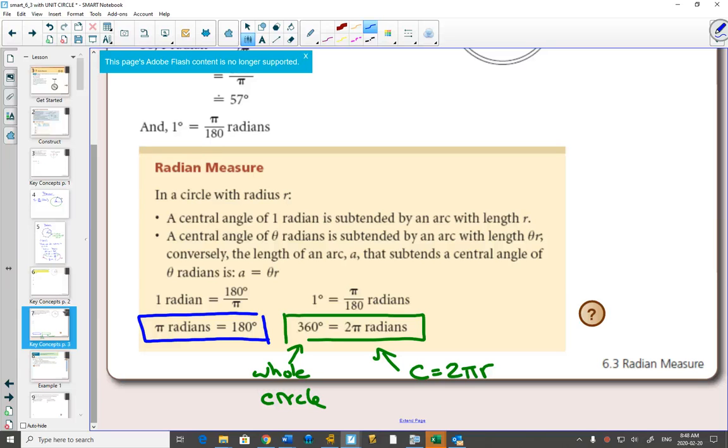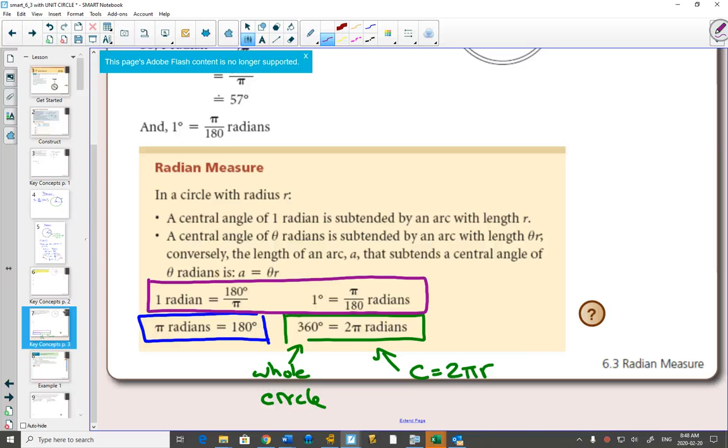And then we saw before how we could get these two in the purple boxes. You could divide by pi to get 1 radian, or you could divide by 180 to get 1 degree. Those ones in the purple box are really helpful for converting back and forth between different measurements.